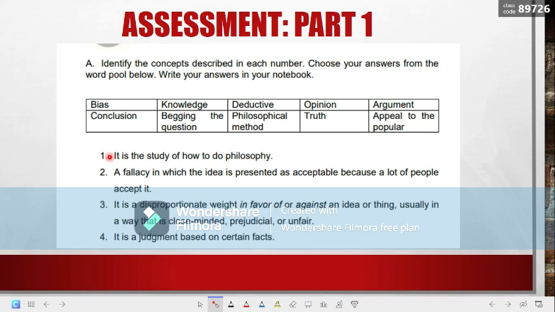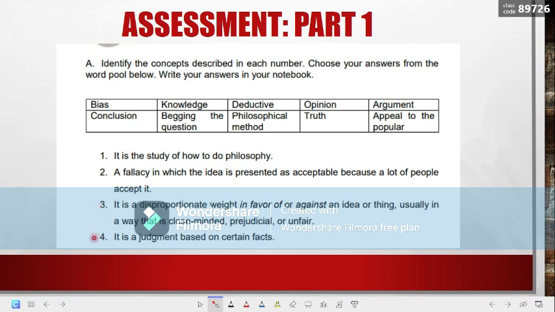Number 1, it is the study of how to do philosophy. Number 2, a fallacy in which the idea is presented as acceptable because a lot of people accept it. Number 3, it is a disproportionate weight in favor of or against an idea or thing, usually in a way that is close-minded, prejudicial, or unfair.